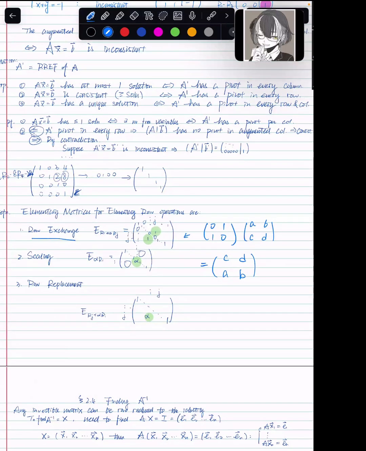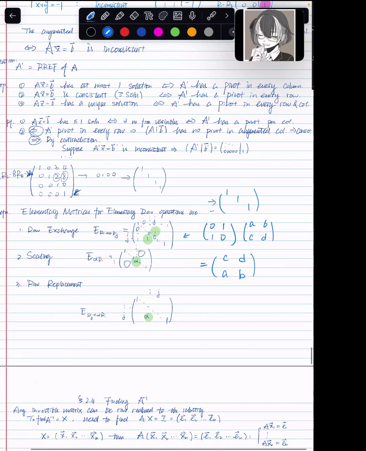We're doing row exchange by this. It's like the reverse of the identity matrix. In the 3D case, the identity matrix looks like this, but if we want to switch, for example, the second and the third row, then we would have 0, 1, 1, 0 here.